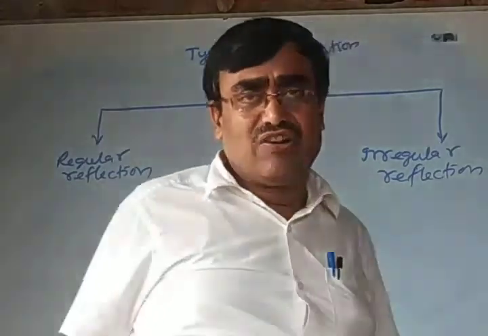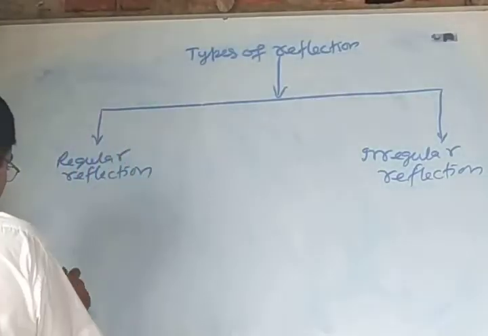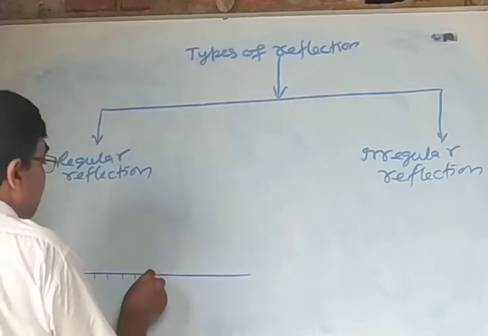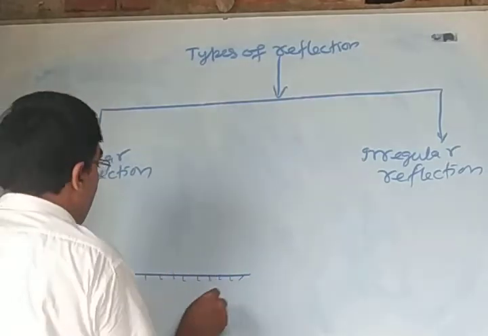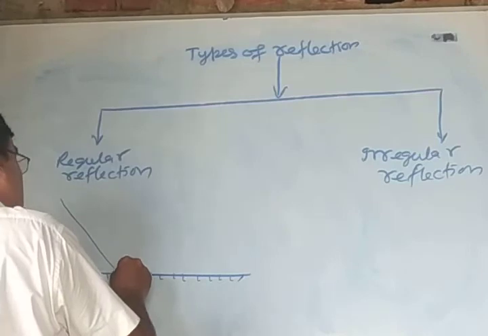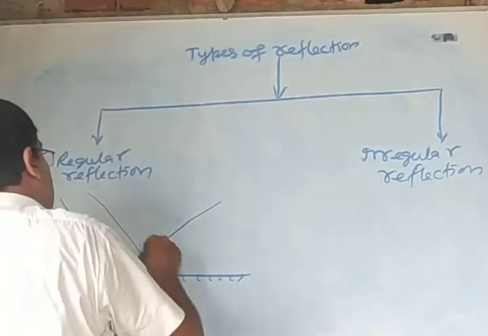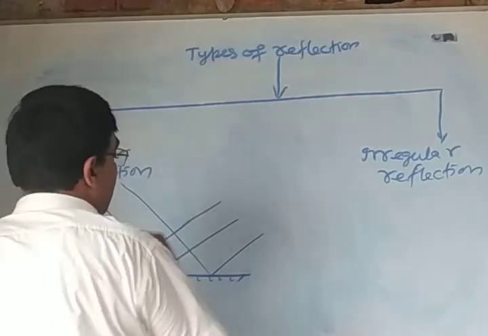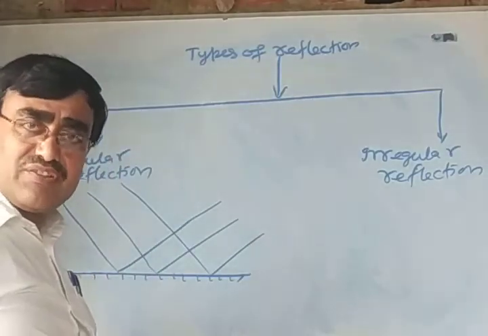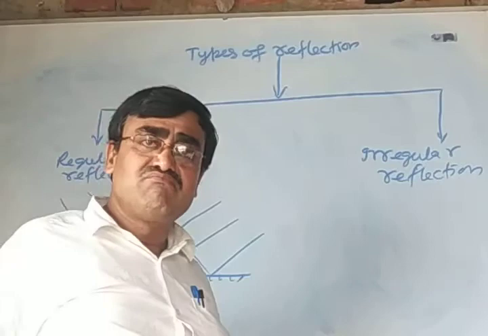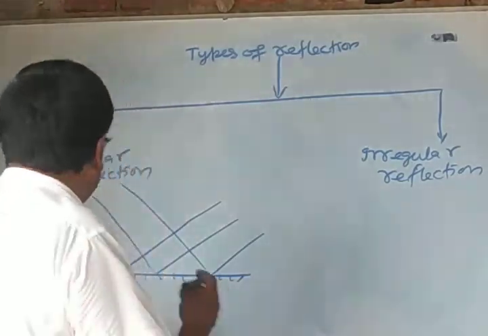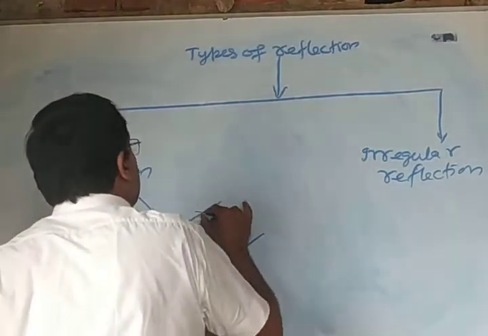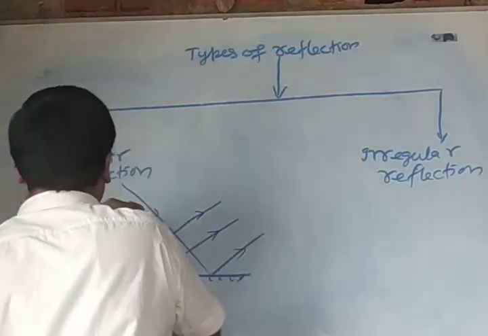In regular reflection, the surface is smooth or plane and the incident rays remain parallel after reflection from the reflecting surface.